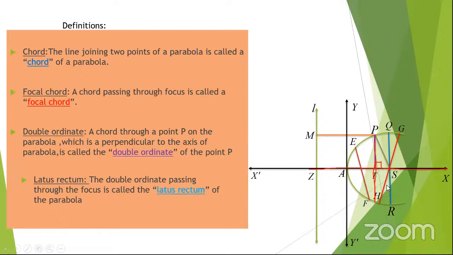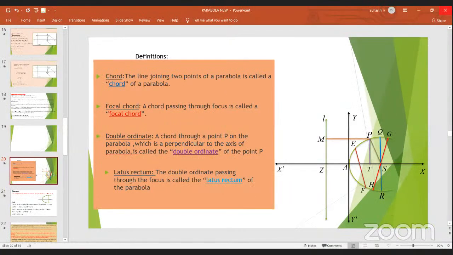And this is called latus rectum if it passes through the focus. So the double ordinate passing through the focus is called the latus rectum of the parabola. These are the important definitions, children. Let us discuss these points once again.